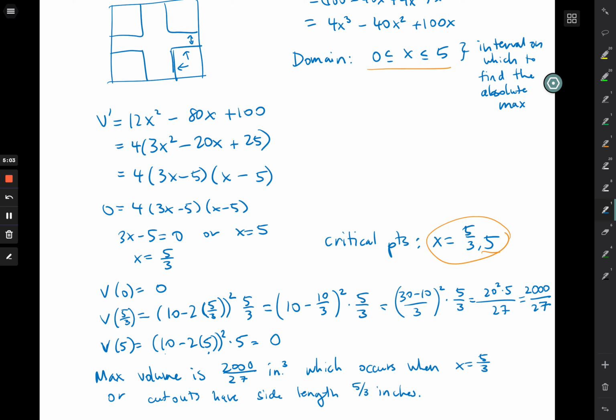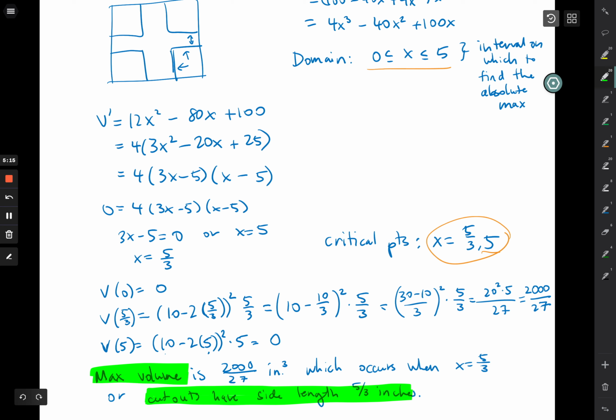Right? So that is going to be our answer. So max volume occurs when x equals 5/3 or the cutouts have side length 5/3 inches.